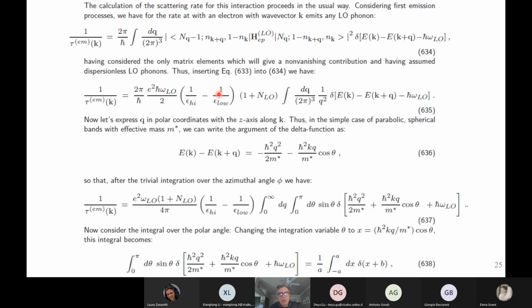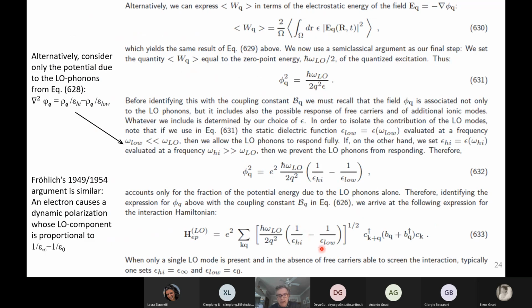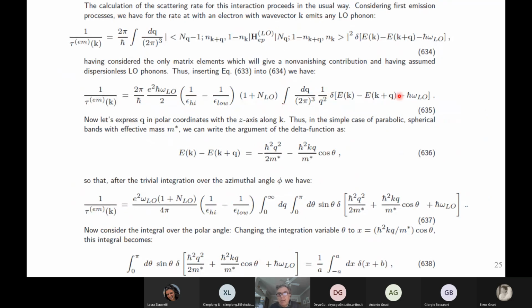Then we have the usual integration using Fermi's golden rule, 2 pi over h bar. These are the constants of the matrix element that have been taken out, and the only thing left inside the integral will be the 1/q squared. And this is the usual expression for the energy conservation with the Dirac delta function.